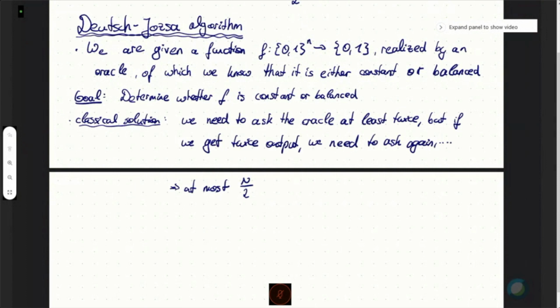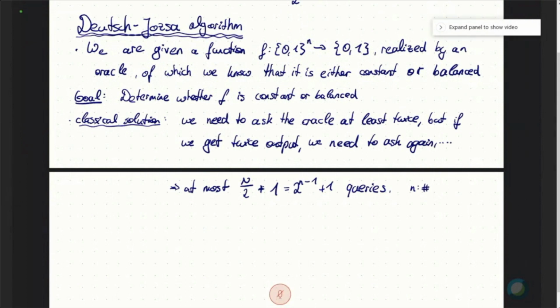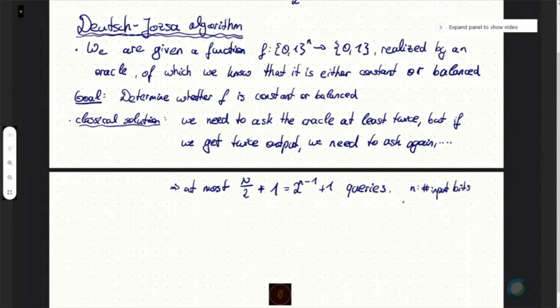If we just get the same output for half of the inputs, it could have been by accident that we chose those half of the inputs that map to the same output, even though it's a balanced function. So to make sure that we're actually right, we would need to ask N over 2 plus 1 times, where capital N is 2 to the power n. So N over 2 is 2 to the n minus 1, plus 1 queries, where n is now the number of input bits, and capital N is 2 to the n, the number of realizable bit strings.